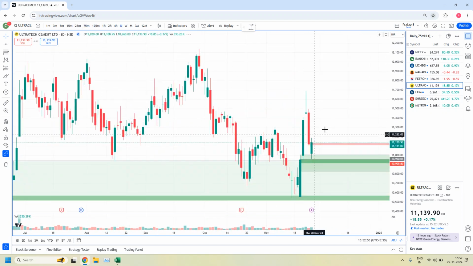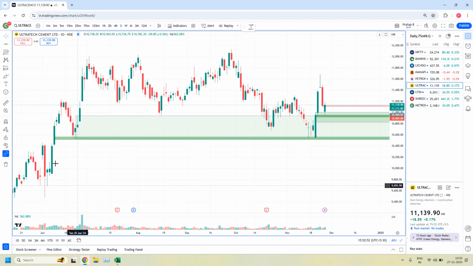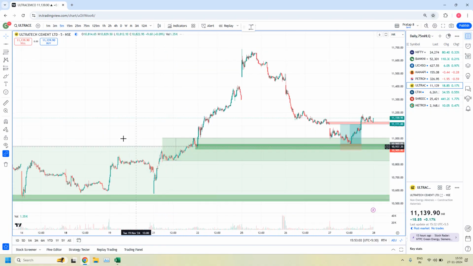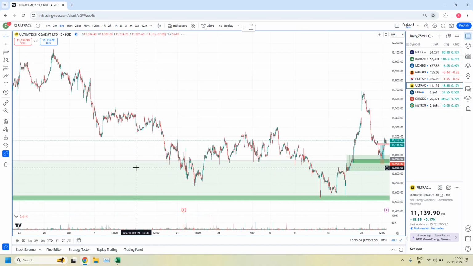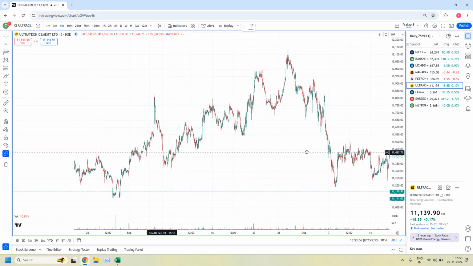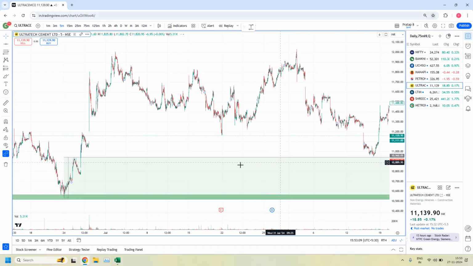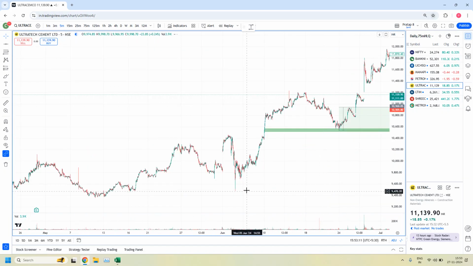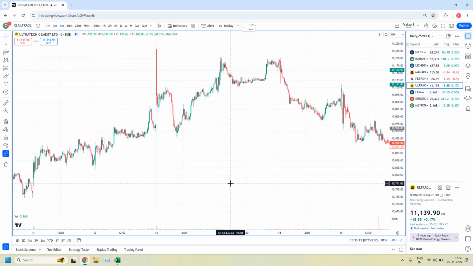Sorry for my mistake. This is also a daily zone. Drop base rally. This daily zone is having a 5-minute zone as a horizon. Previously we took a trade from this zone. I remember. Here we have a 5-minute zone as a horizon.